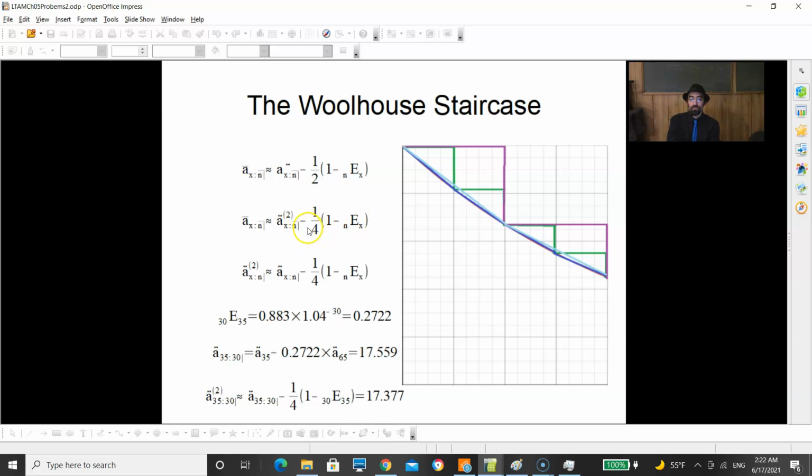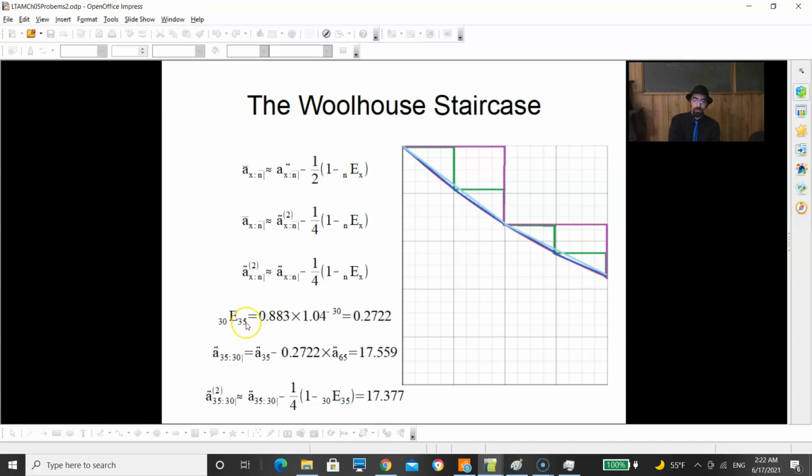Note, this denominator is always 2 times the compounding frequency. Okay, so relating these two to each other, we get ä superscript (2)_{x:n} equals ä_{x:n} minus 1/4, right? Yeah, minus 1/2 plus 1/4 gets minus 1/4 times (1 minus nEx).